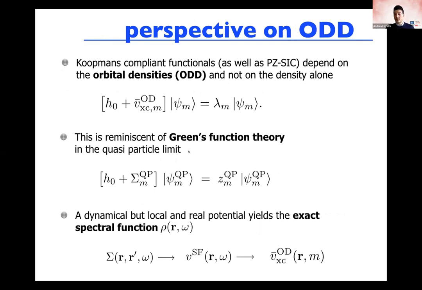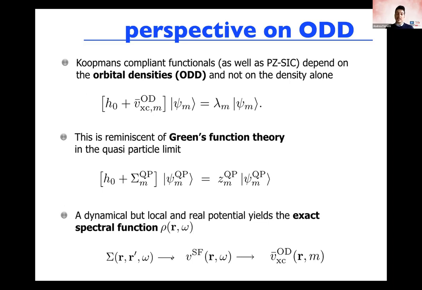Green's function theory, or the dynamical theory, basically can be recast within a quasi-particle or discretization approximation into orbital dependent potentials, and local orbital dependent frequency dependent potentials are basically enough to describe the spectral density of a system. So if we make a quasi-particle approximation here, we really reach back here. So we can interpret this construction basically within this idea of local dynamical potential.